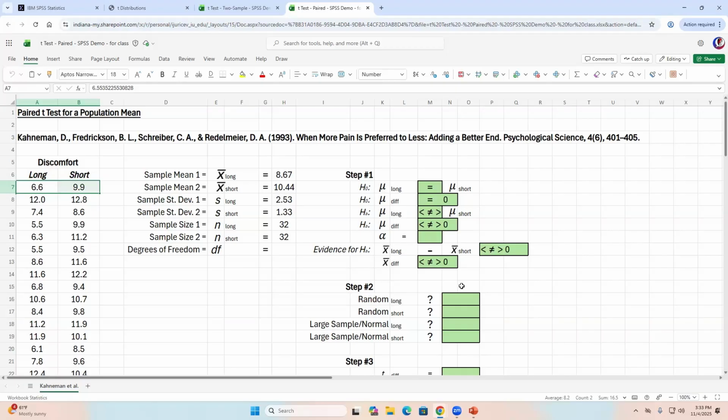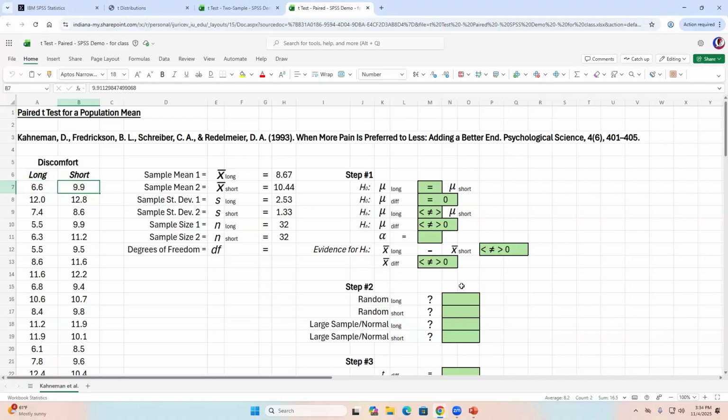subject number one there, maybe that person is just a brick of a person, right? Maybe they just don't experience pain. Maybe they've been through so much in their life that they are so mentally strong and can take anything. So when you gave them the long condition, they said, that was a 6.6, that wasn't that bad.